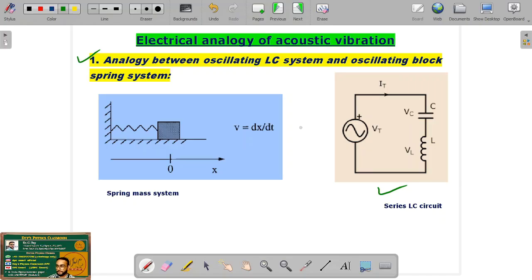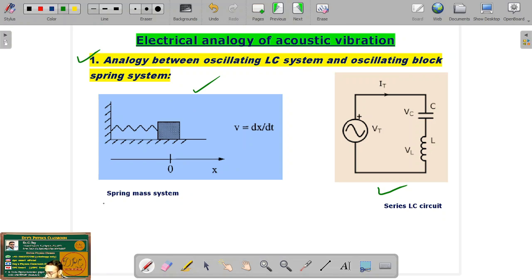So firstly, we will find out the analogy between oscillating LC system and oscillating block spring system. The electromagnetic oscillation of LC system can be compared with the mechanical oscillations of block spring system or a spring mass system.